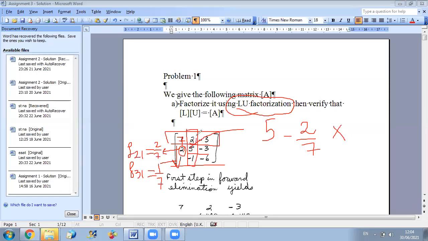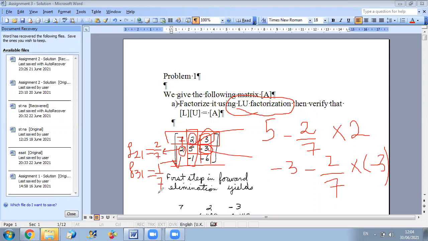So here it is 2, so times 2. I update 5. Same for minus 3, so this element will be minus 3 minus 2 over 7, times the element in the pivot equation in the same column, which is also minus 3. So times minus 3. And then I can update the coefficients of my second row.